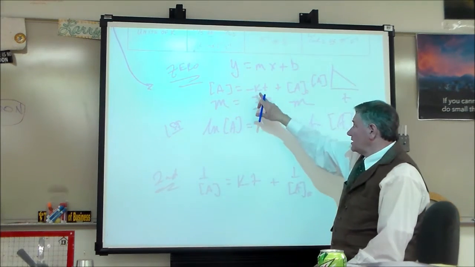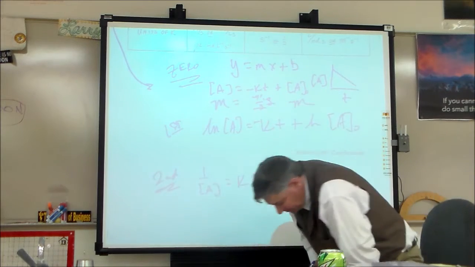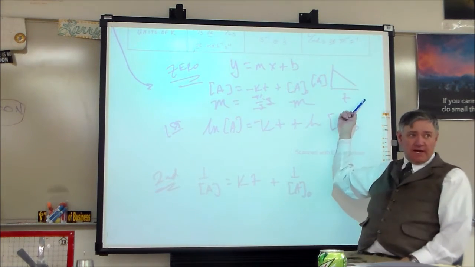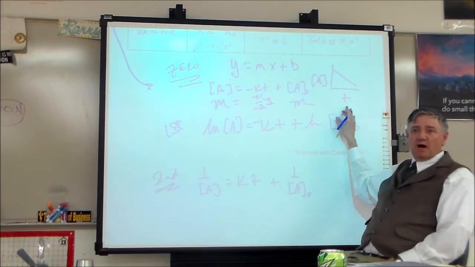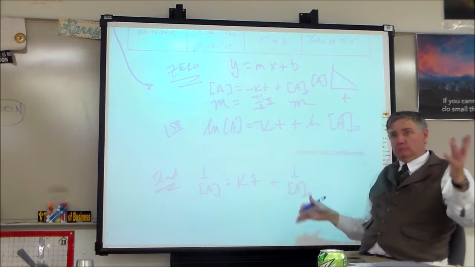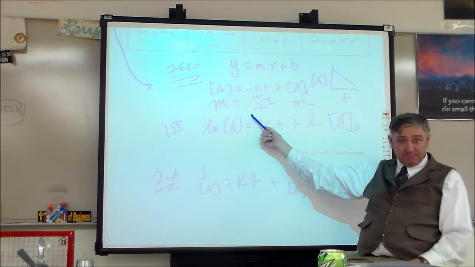If I take my units of k, there's a couple of ways you can view this. One is that k is going to be the slope of this line. Oh, that's change in y over change in x. Oh, that's molarity per second. That's one way that I can figure out the units of k.